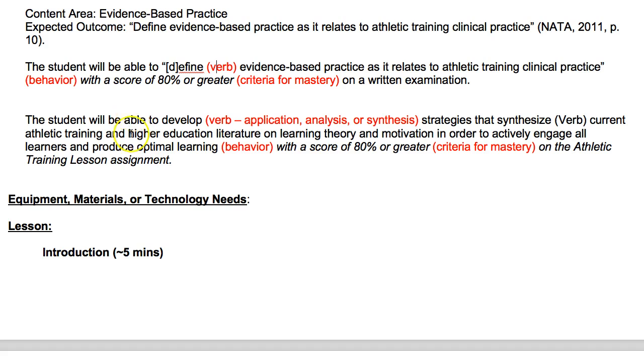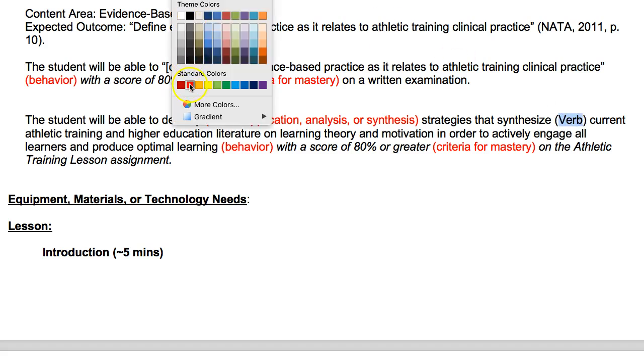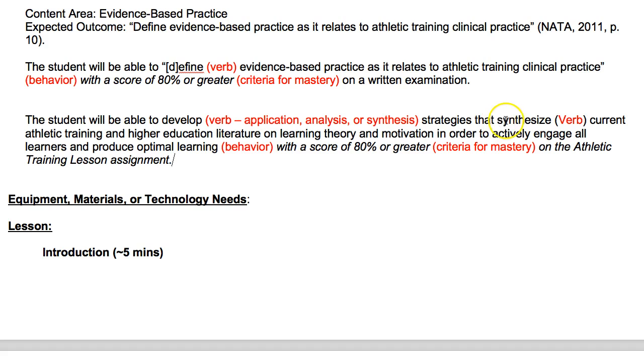I have another SOLO. The student will be able to develop, this is actually from our syllabus, the student will be able to develop, that's the verb, strategies, that's also a verb, strategies that synthesize current athletic training and higher education literature on learning theory and motivation in order to actively engage all learners and produce optimal learning.